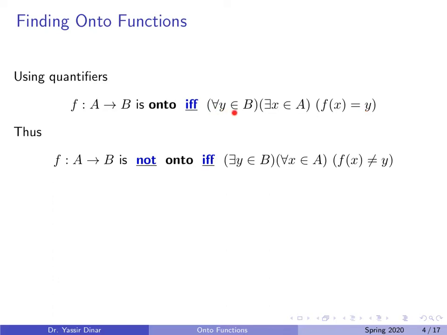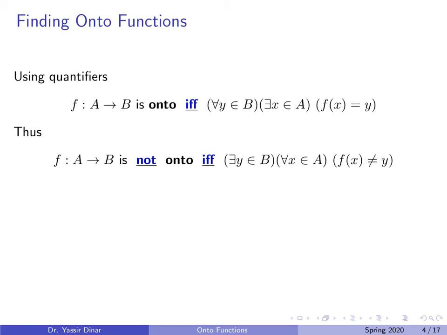So the statement here is a universal quantifier with an existential quantifier. So for any y belonging to B, I have to find x such that x and y satisfy this relation. But then a function f from a set A to a set B is not onto if the negation of this statement happens.